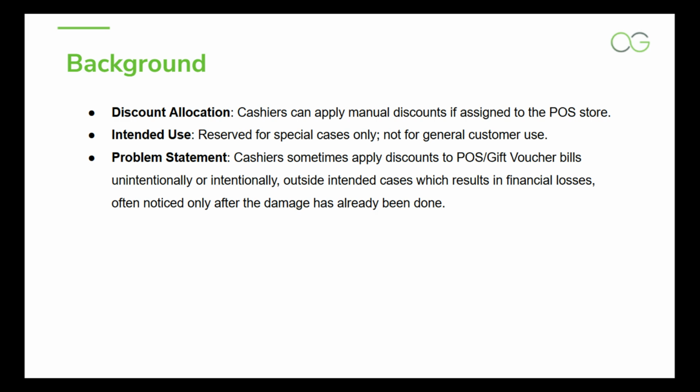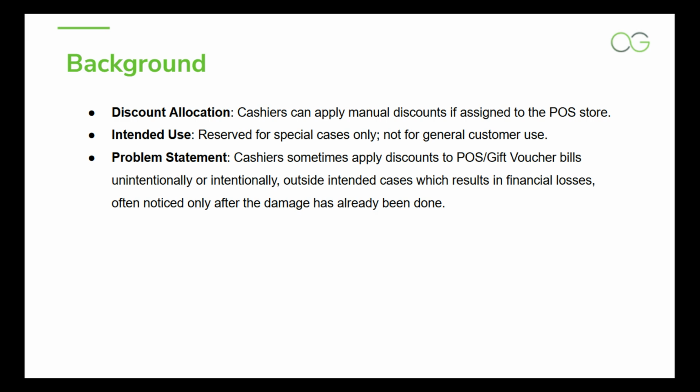These manual discounts shall be used in special cases and are not meant for general public, but instances occur when cashiers intentionally or unintentionally apply this manual discount in POS or GV bills where it was not intended to be used. These actions by the cashiers cause financial loss to the businesses, and these instances are identified by business owners via reports or audit after the financial loss has already been incurred.